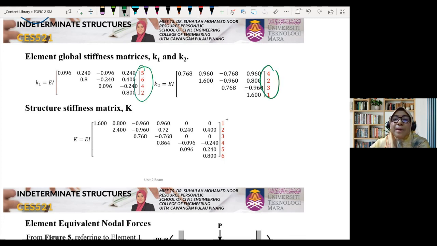This will depend on the degrees of freedom for the element. K1 and K2 are for the elements. Remember that I mentioned just now, the first two are for the near end, and the last two are for the far end. At each node, there are YZ, YZ. So that is why the label is 5642.